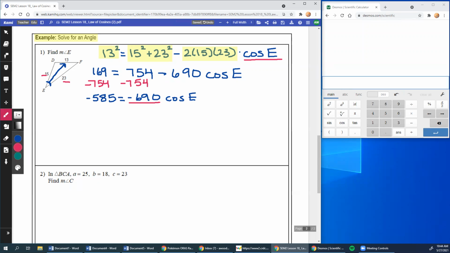Then divide both sides by the number in front of cosine E, which is negative 690. The only thing to do with this division is cancel out the negatives. Leave it as this big, nasty fraction.